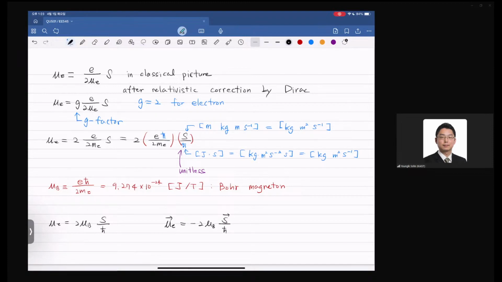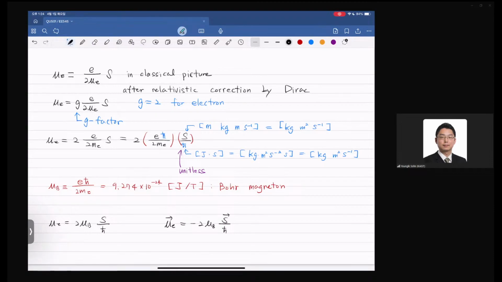The Bohr magneton is quite important because the constant gives you the basic magnitude of a single electron. Usually S over h bar is on the order of 1, okay? It can be a half or 1 or whatever. So the Bohr magneton gives you how big the magnetic moment of a single electron is.